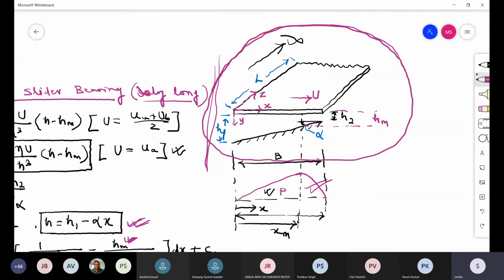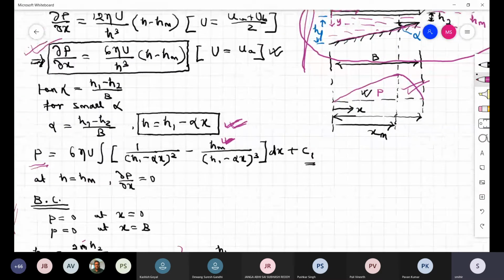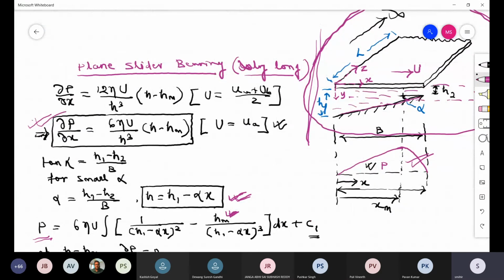So what is there? We have this bottom plate which is fixed and inclined, and the top plate is moving with a velocity capital U, and this portion is filled with oil. So there is no contact as per our definition of the problem. There is no contact because on the left side it is an H1 gap, and on the right side it is an H2 gap. Now you are solving a fluid flow problem.